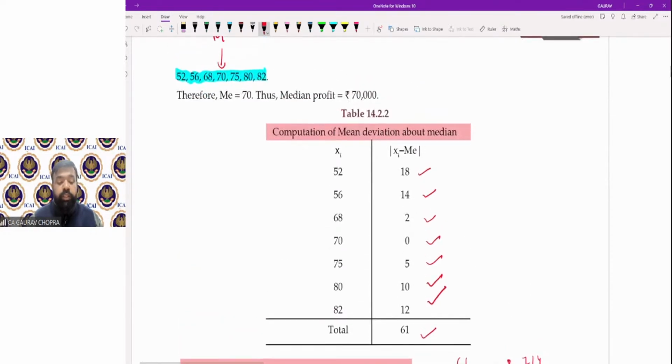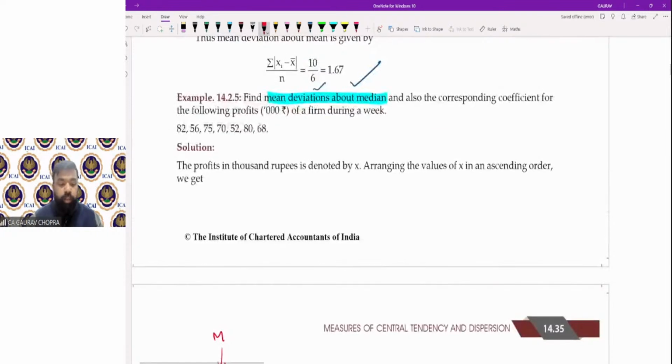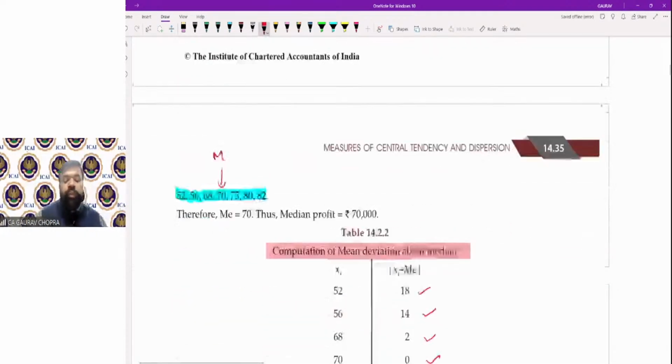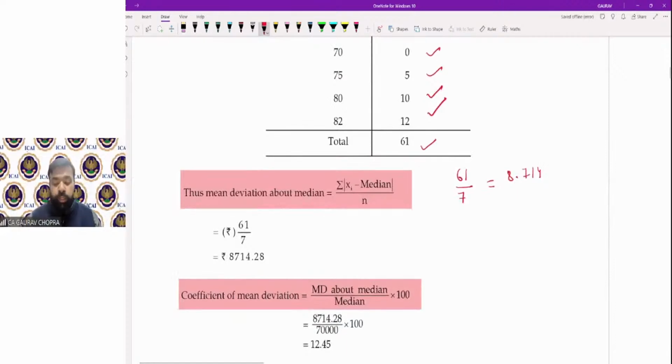Now the figures are in thousand. The question has written above that profit is in thousands of rupees, so you have to multiply with 1000. Then you will get rupees 8714.28.